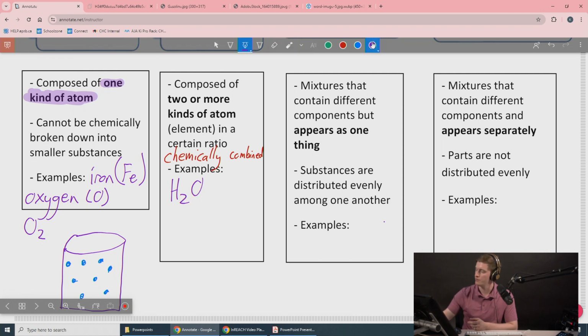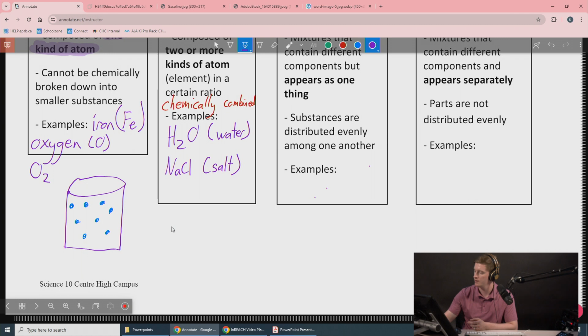together. You might have seen NaCl, that's sodium chloride, that's table salt. These are compounds. They are chemically combined. If I go back to my beaker example here, let's draw a beaker that's going to represent a compound.